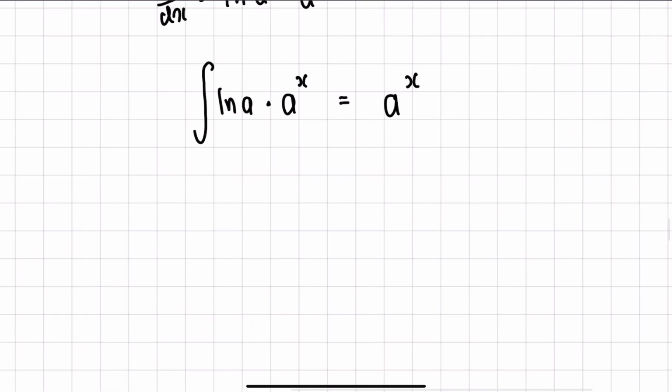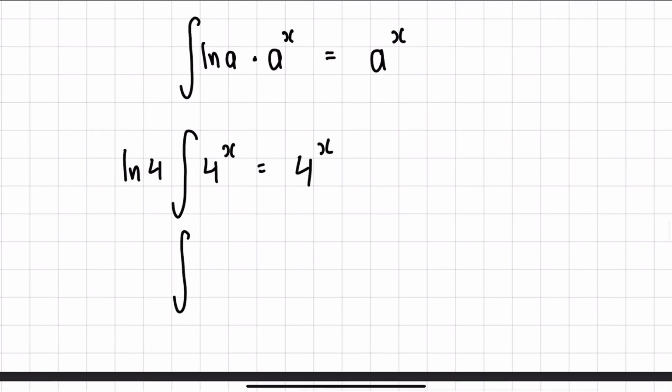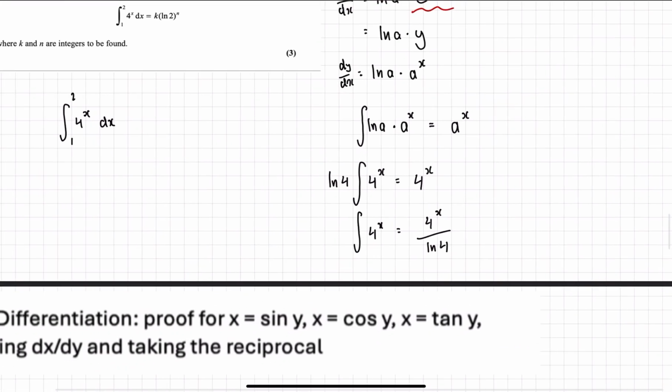And I'm going to pull this natural log 4 out. So natural log 4 times the integral of 4 to the x equals 4 to the x. Fantastic. So the integral of 4 to the x equals 4 to the x all over natural log 4. There we are. That's the answer. We want upper limit of 2, lower limit 1.